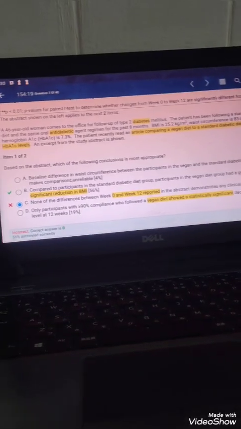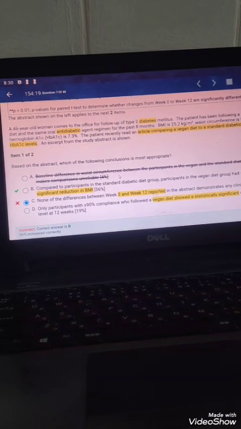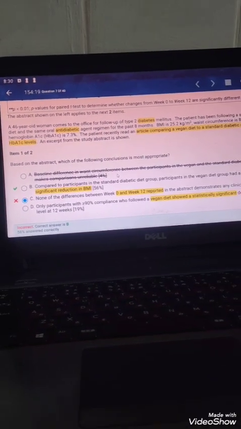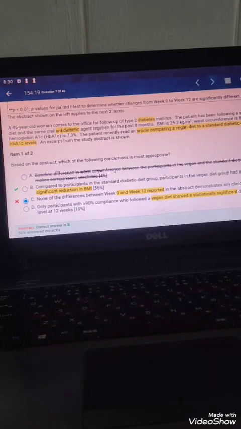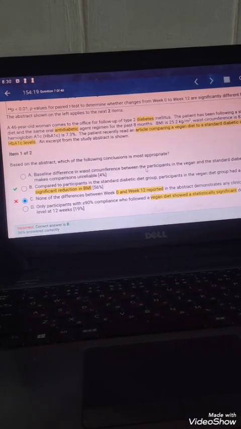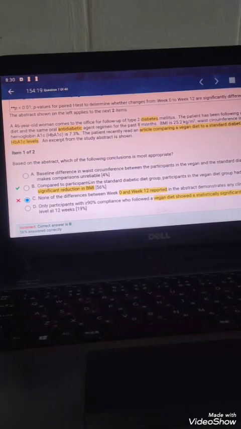Then you make an option wrong or remove it from the answers. There is the option that the baseline difference in waist circumference between the vegan diet and the standard diet makes it unreliable.